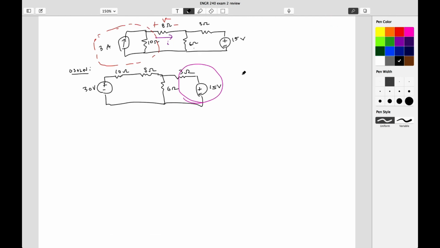So we can now replace this by taking 15 divided by 3, which is 5 amps, and this is in parallel with the 3 ohm resistor, which is in parallel with a 6 ohm resistor, and then we have an 8 ohm resistor and a 10 ohm resistor with a voltage source.